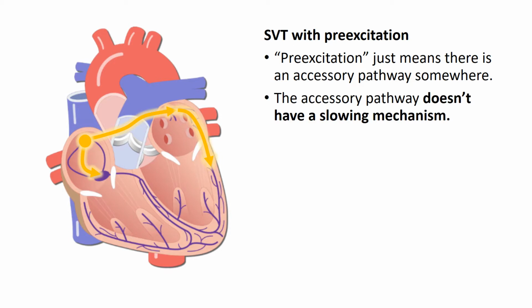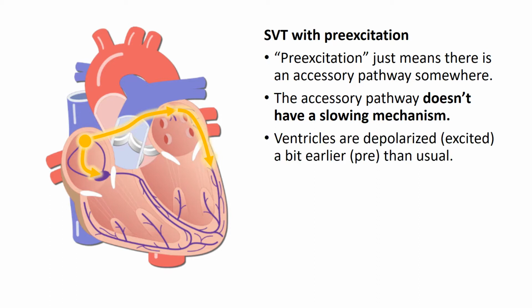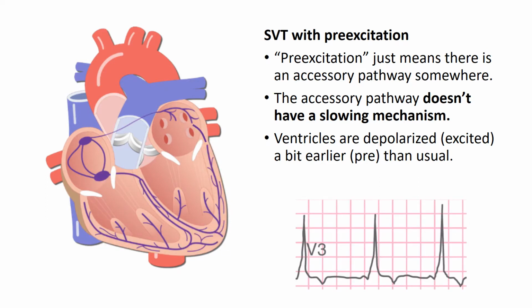That accessory pathway doesn't have the same kind of slowing mechanism that the AV node does, and so the ventricles get depolarized or excited a little bit earlier than usual. When the AV node engages and it reaches all the way around, it kind of runs into this impulse there, and that gives you sort of a funny looking ECG finding, and that's that delta wave right there.